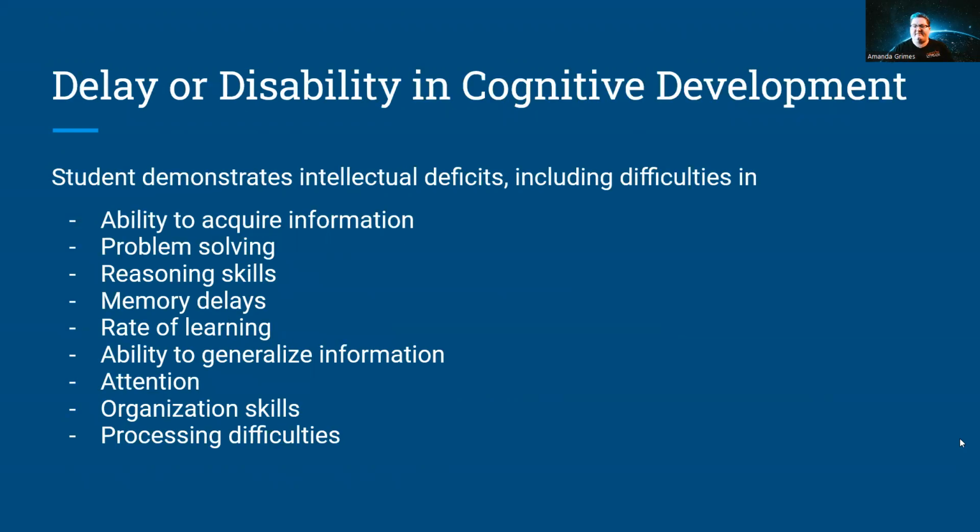So the cognitive development is the intellectual ability to acquire and apply information, problem solving, reasoning, organization, attention, and memory delays.